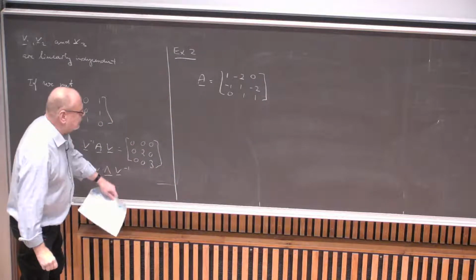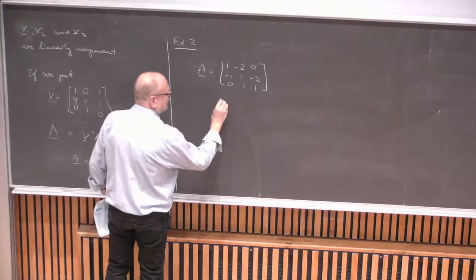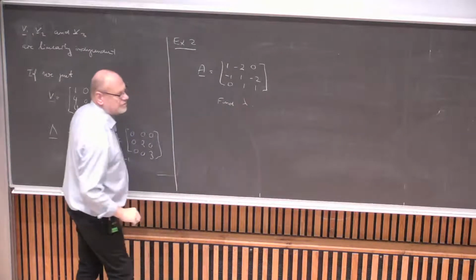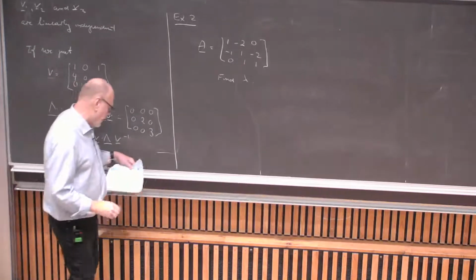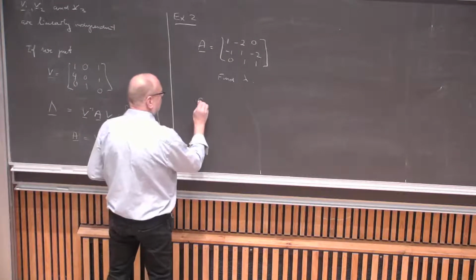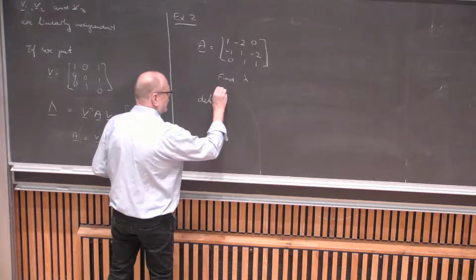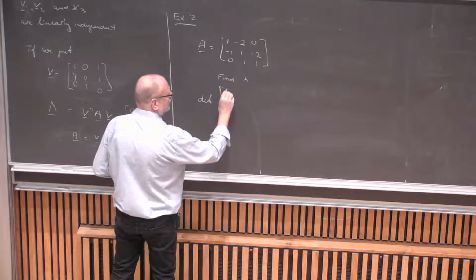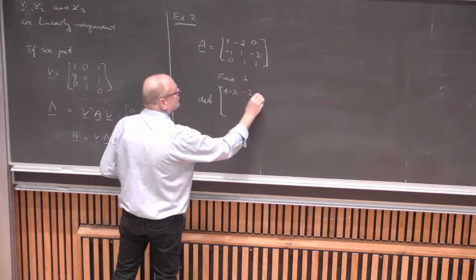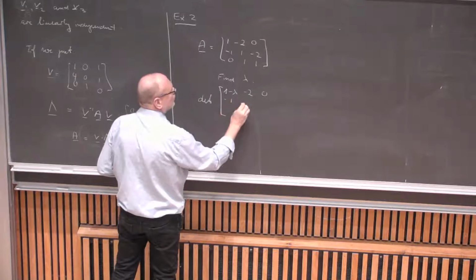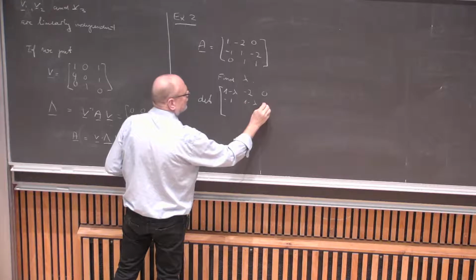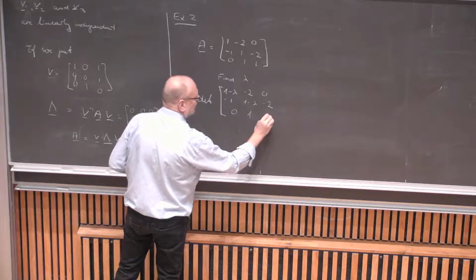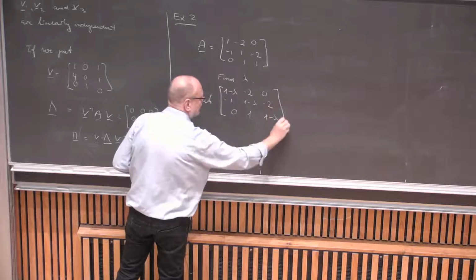So what we're going to do now is find the eigenvalues. And we do that by taking the characteristic matrix, that is 1 minus lambda, minus 2, 0, minus 1, 1 minus lambda, minus 2, 0, 1, and then 1 minus lambda.